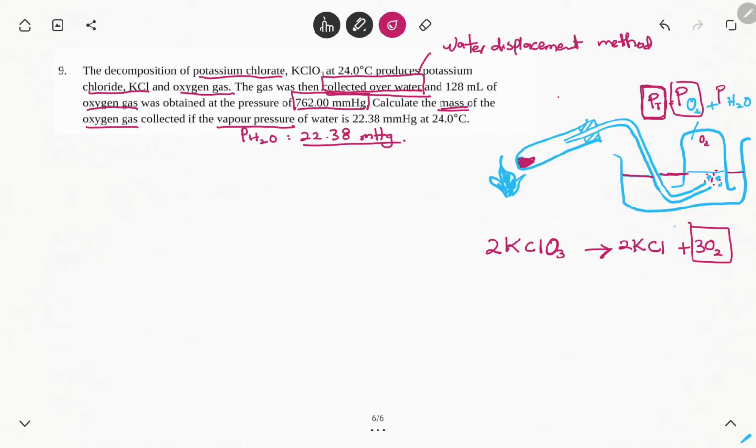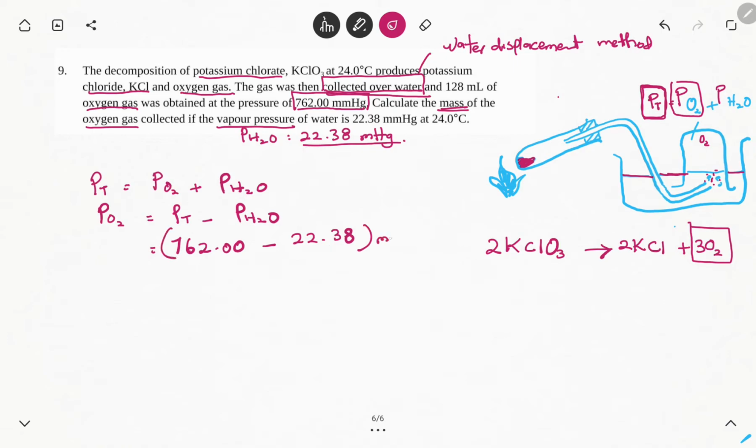By applying Dalton's law of partial pressure, P total is equal to P oxygen gas plus P H2O. We want to calculate the partial pressure of oxygen gas, so P total minus P H2O. The total pressure given in the question is 762.00 mmHg, and the vapor pressure of water given is 22.38 mmHg.